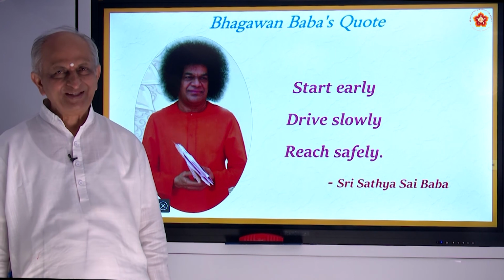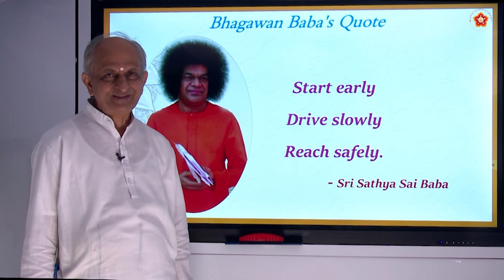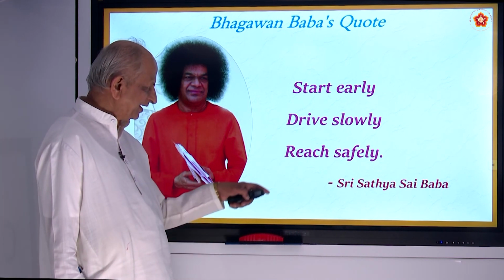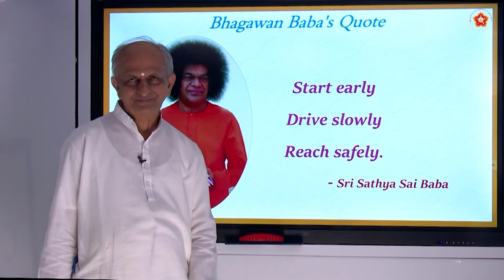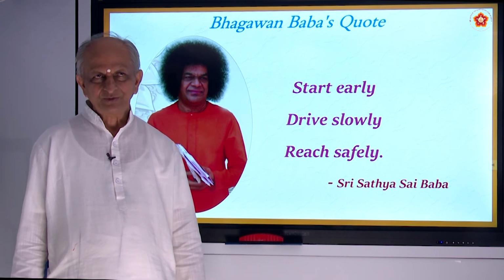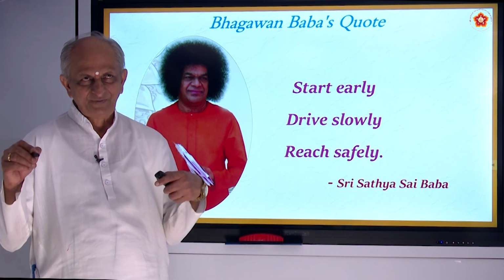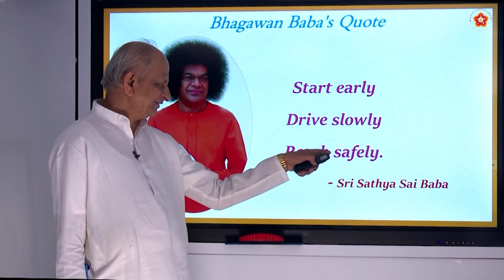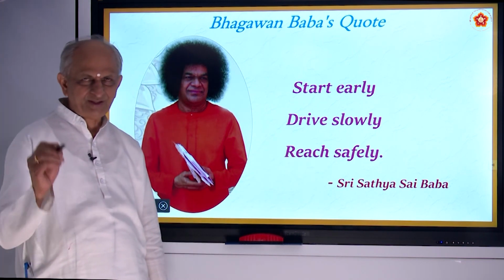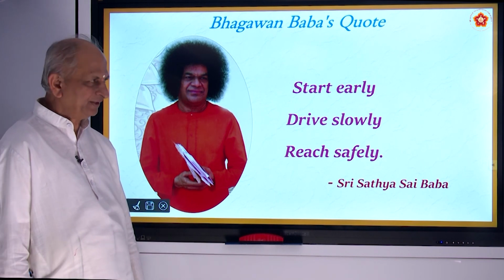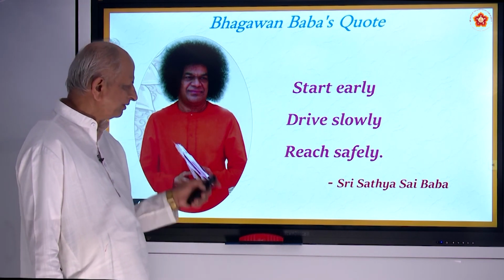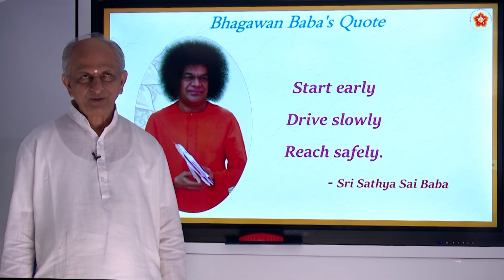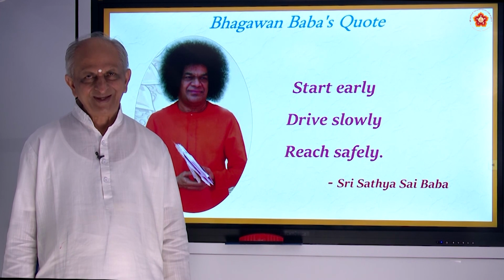Of course, you may know cycling now. Don't drive vehicles now, we are not permitted. But even if you are driving, you should drive slowly. Because health is wealth and life is very important, very precious. Then you will reach safely. Wherever you want to reach, we reach safely. Very short and sweet messages of Bhagwan Baba. Let us try to follow it and work out the answers for the homework. Thank you.